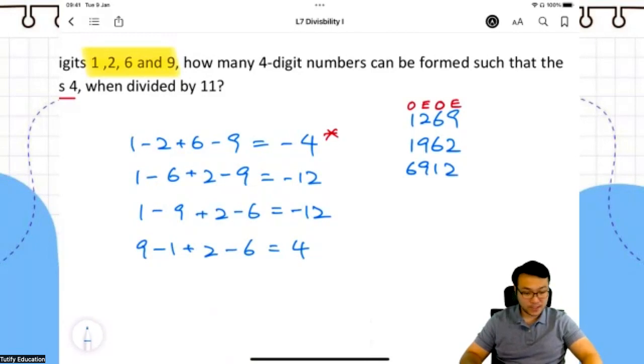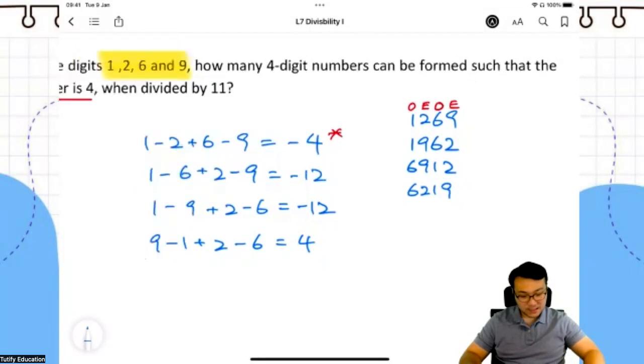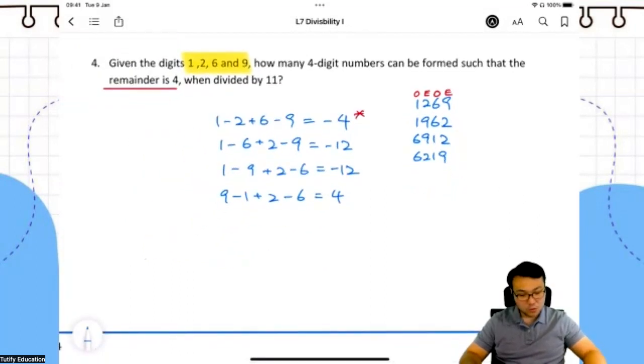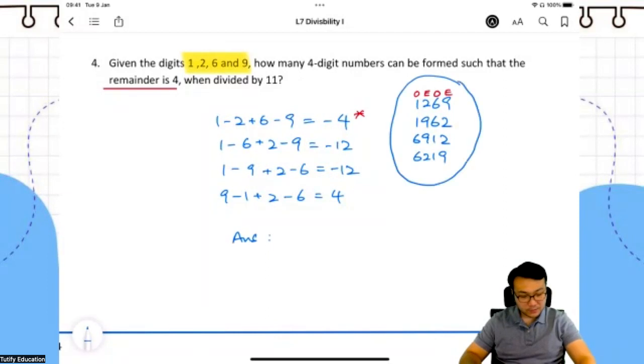What do I get? 6219. So how many possible numbers when divided by 11 give you a remainder of 4?